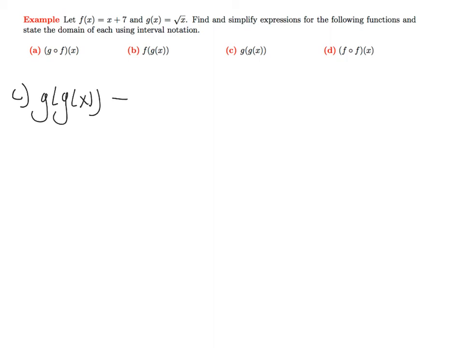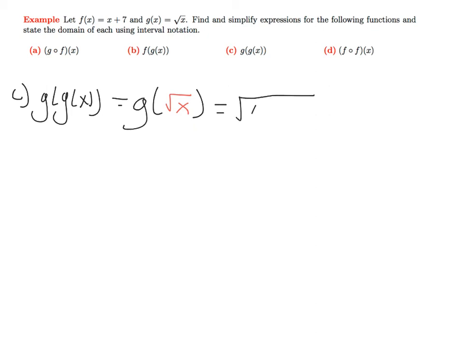So what I could do is say, well, what is g of x? This one we can start on the inside. g of x is the square root of x. And then I'm going to plug this into the outside function. And so the outside function, again, is the square root.